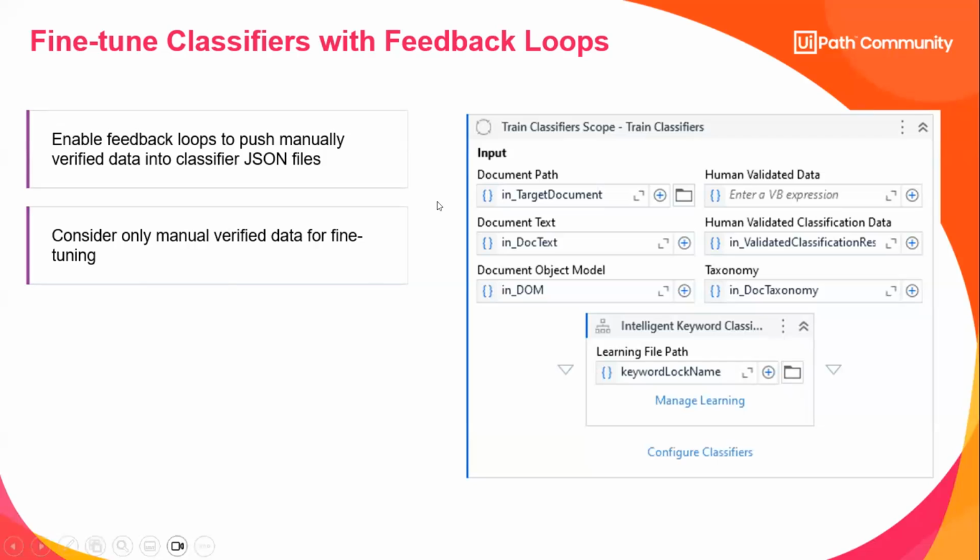And for these, you only need to use the manually verified data. You don't use the automatically extracted data, and if that is correct, you don't use that information to again fine tune because the model already knows it. We only use the feedback loop for the things that the model is not able to do. Same goes for extraction.